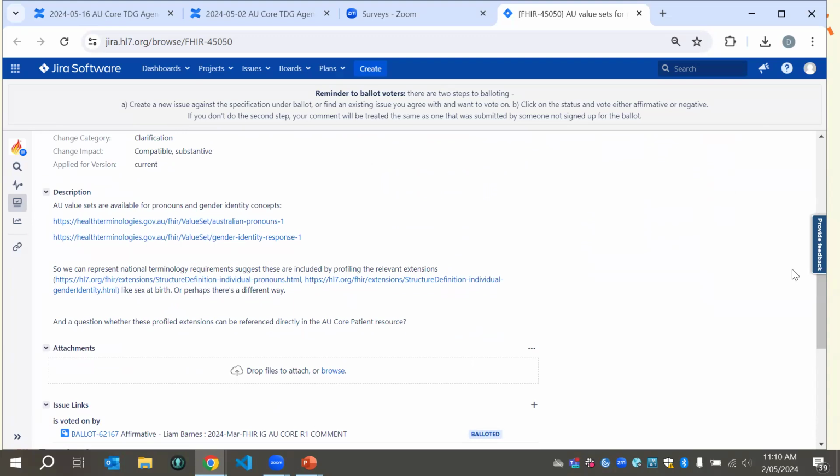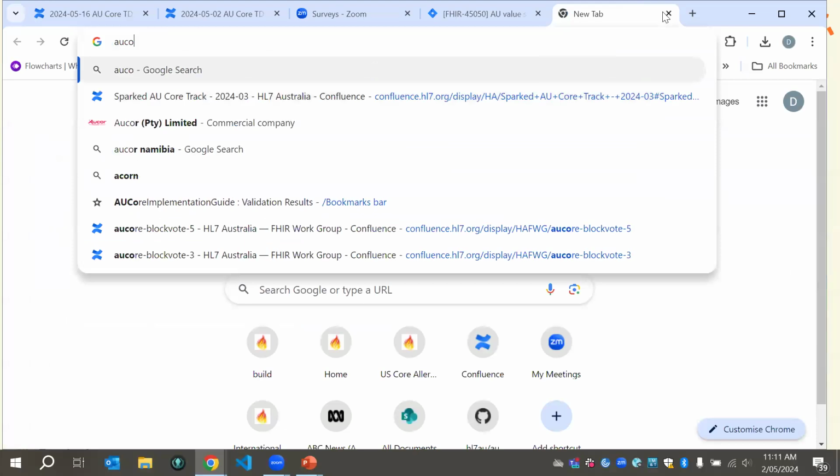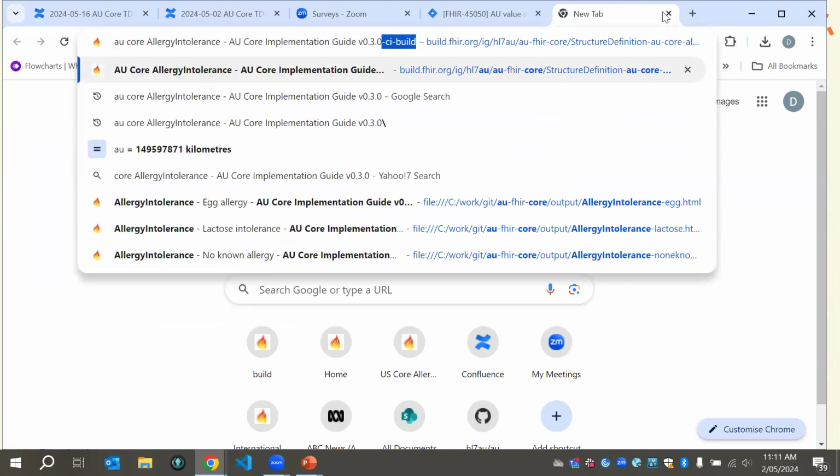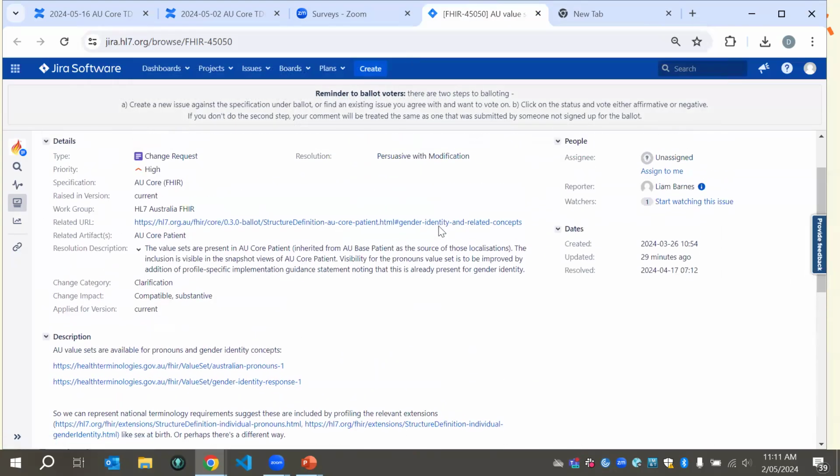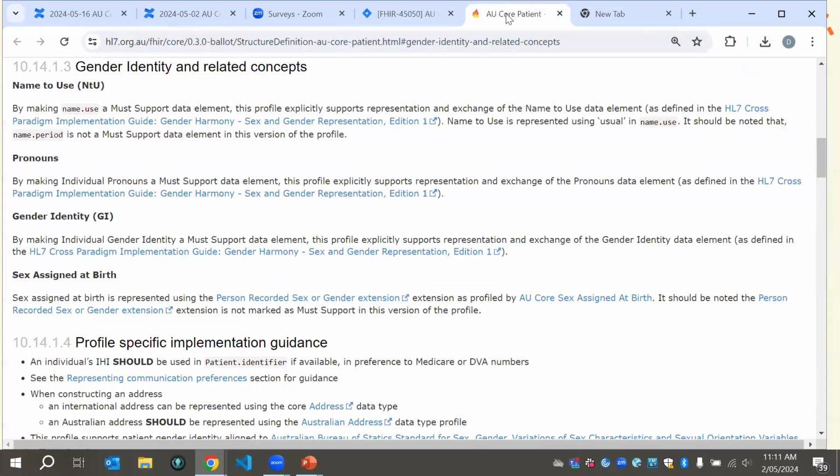Yep. So I guess it comes from a couple of angles. First, the most relevant one when I first raised it was that it wasn't clear how these value sets were to be used in the profile. And I think that's just because I didn't notice them in the snapshot invariance view, where they're validated as an invariant that comes through from AU Base. Now I've noticed that the validation issue's not really a problem, but it's still not super visible how they're applied in this profile.